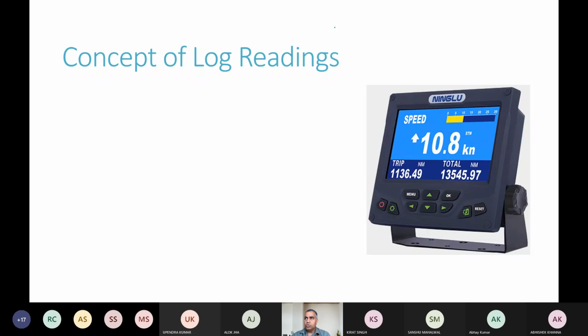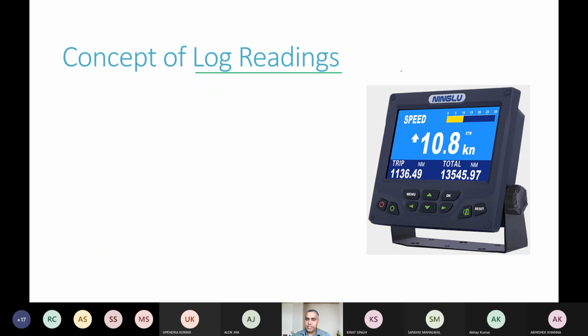Okay, beta. Now let's go to the next concept. The next concept is log readings. As I told you, sometimes in the question, instead of giving you the distances on each leg, they will give you the readings of the log.